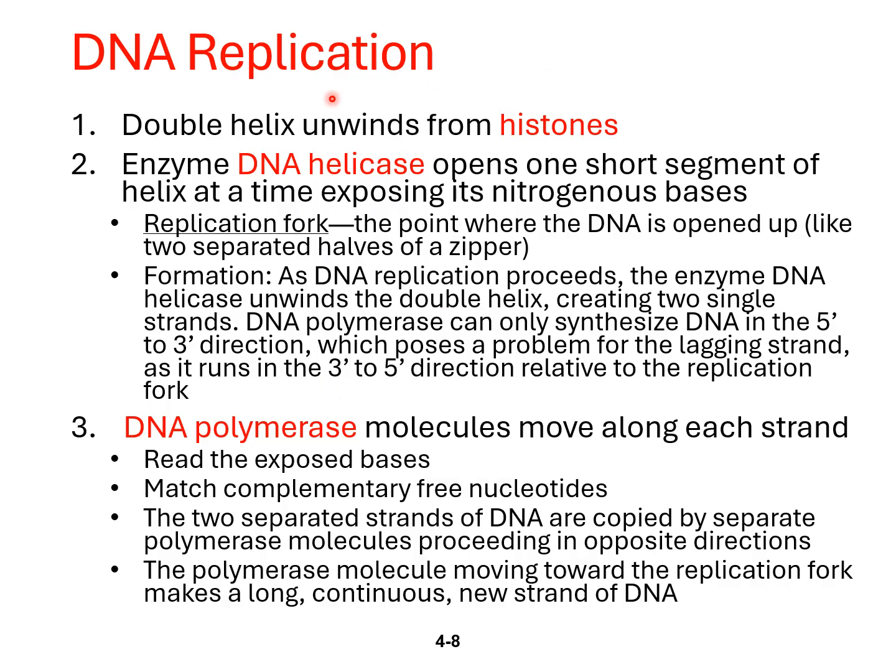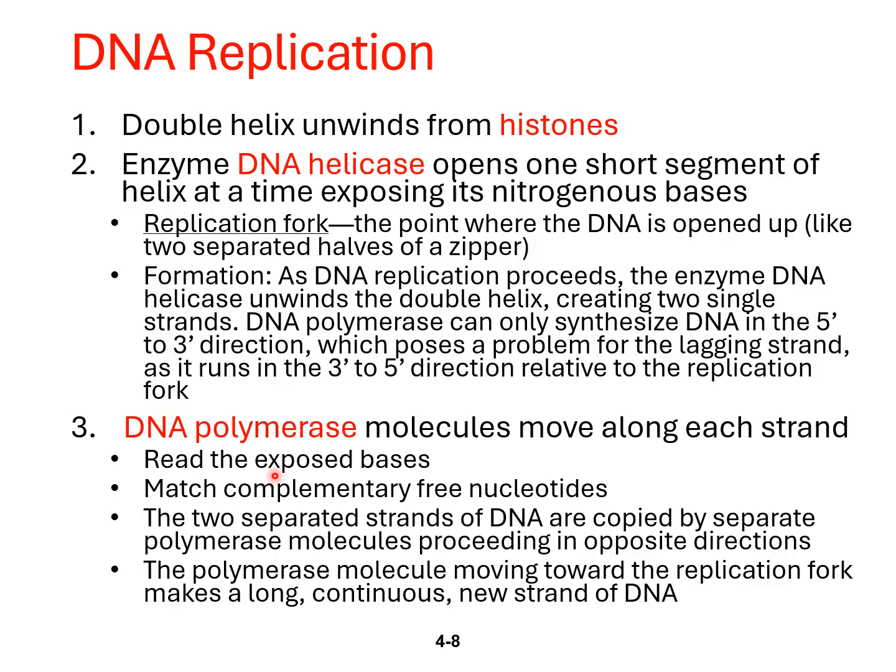But pretty much, you unwind it from the histones, the DNA helicase unwinds the helix, exposes the bases, and then DNA polymerase is a molecule that's going to move along each strand, and it reads the exposed bases, and then it brings in a complementary nucleotide that matches up with that one base.